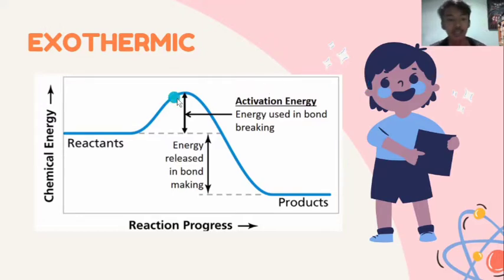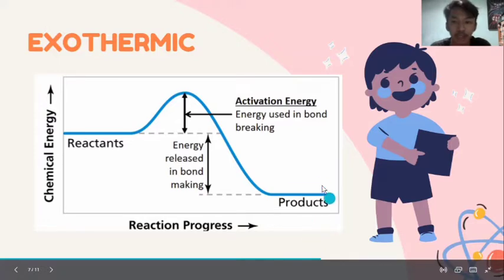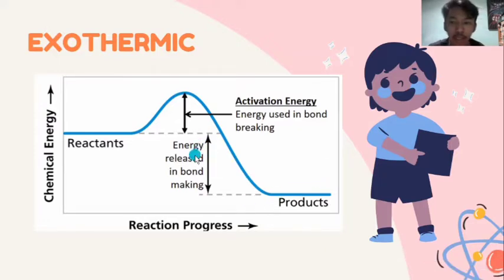This is about the exothermic reaction. We can see this is a graph from an exothermic reaction. In an exothermic reaction, more energy is released when the products are formed than the energy used to break bonds in the reactants.